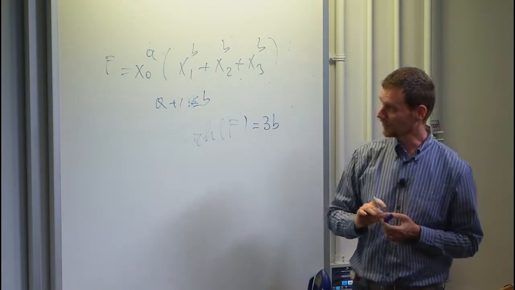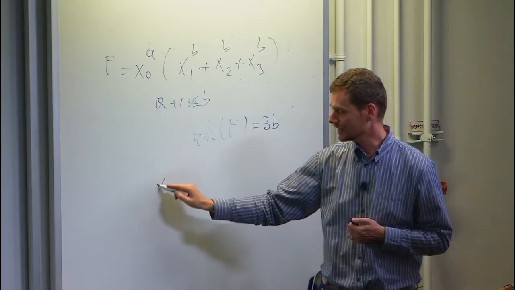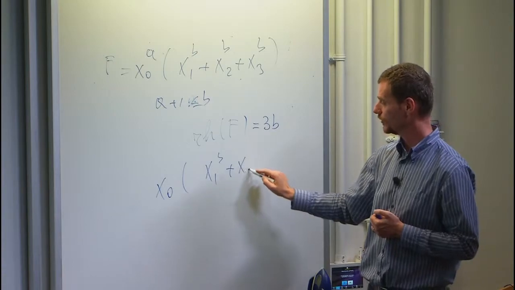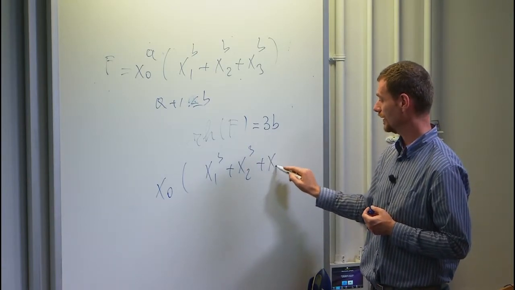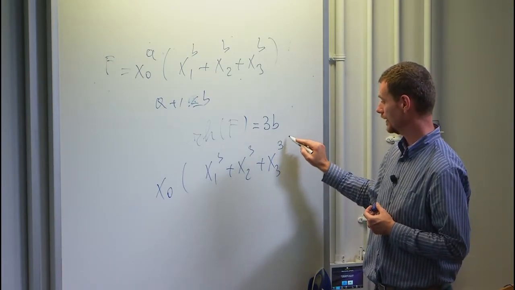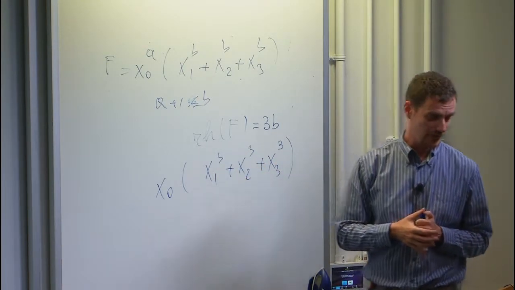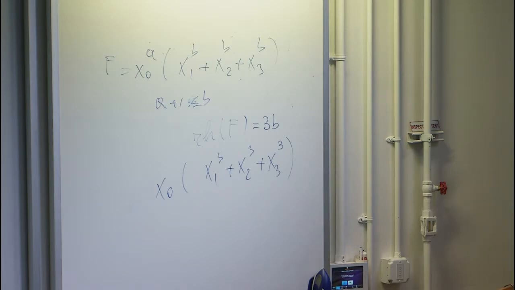So for example, the smallest one we can consider is this one: x0 and x1 cube, x2 cube, plus x3 cube, something like this. And then you can show the rank is 9. But the fact is that if you use the lower bounds I showed you, both of them, what you get is not 9.